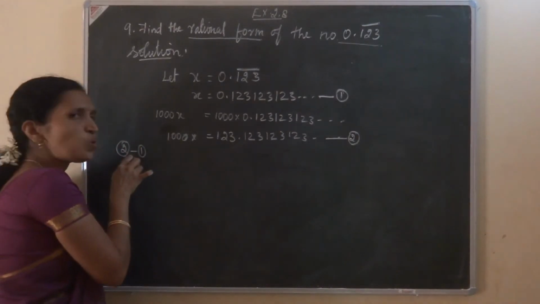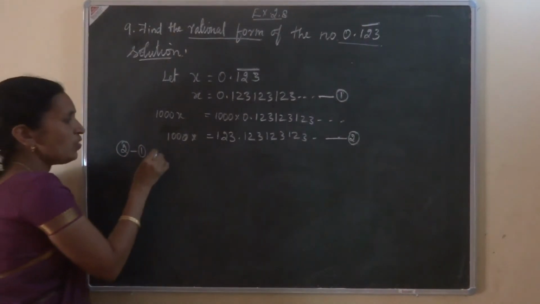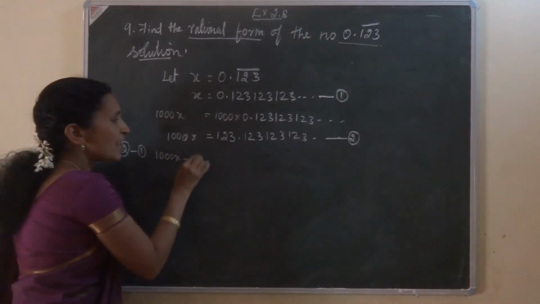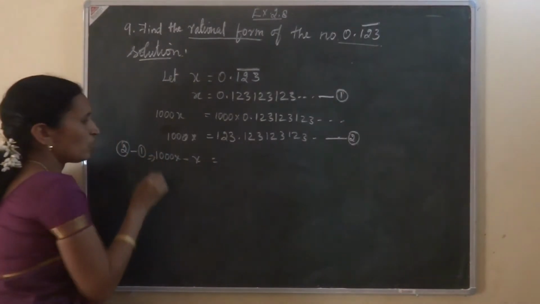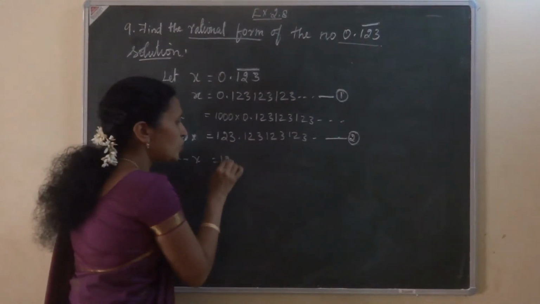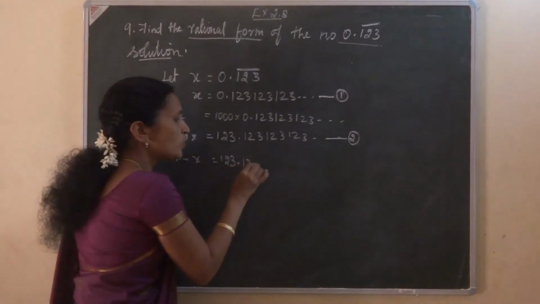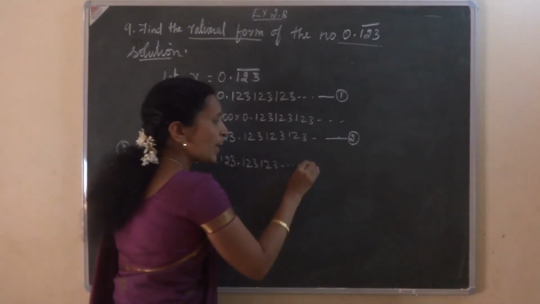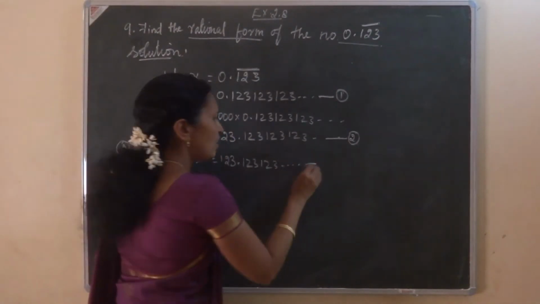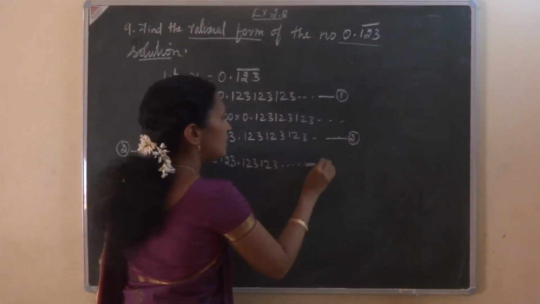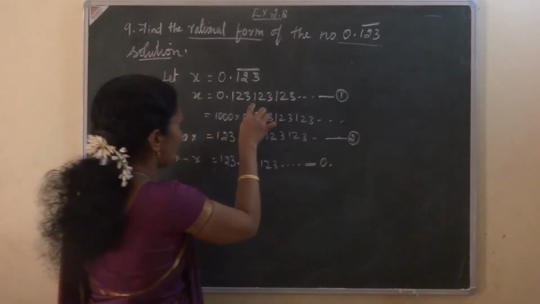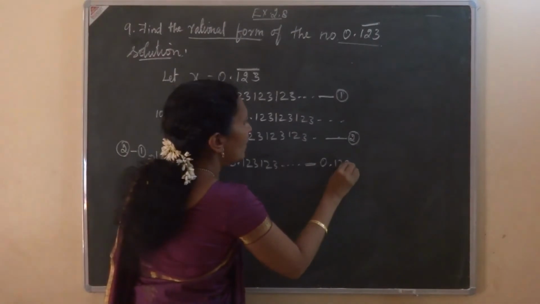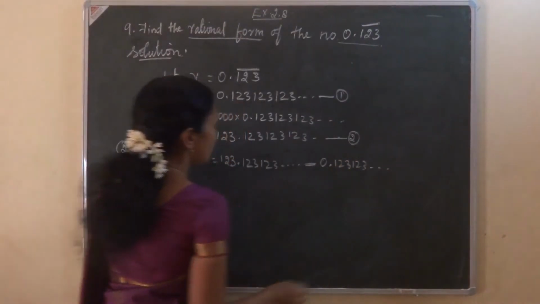So equation 2 minus equation 1, how we will get 1000x minus x equal to 123.123, etc. minus, here minus, okay, 0.x value 1. What's the value of x? 0.123, 123, so on.